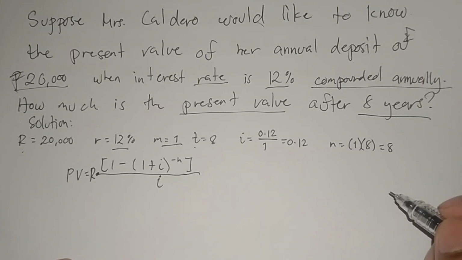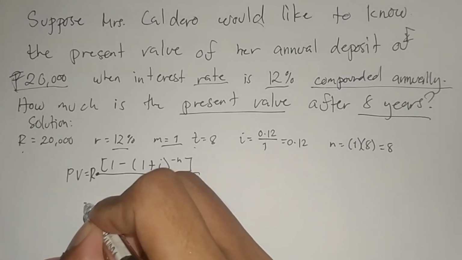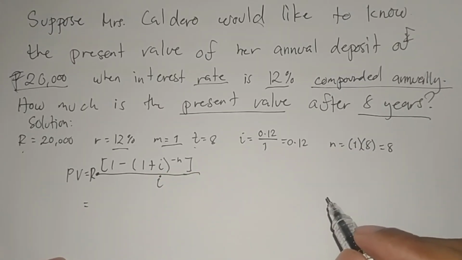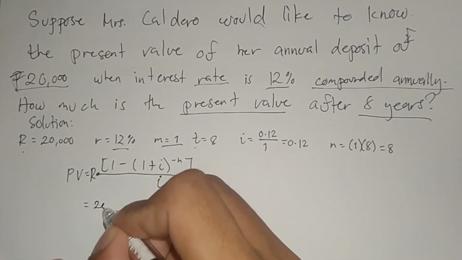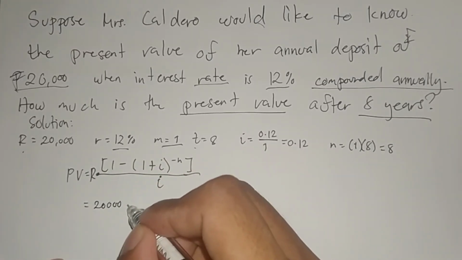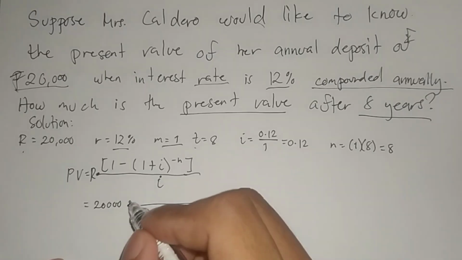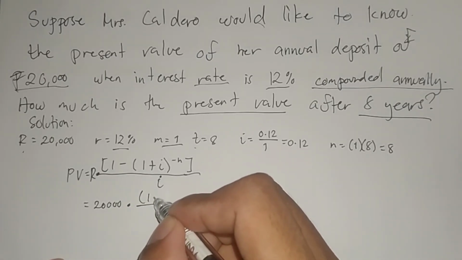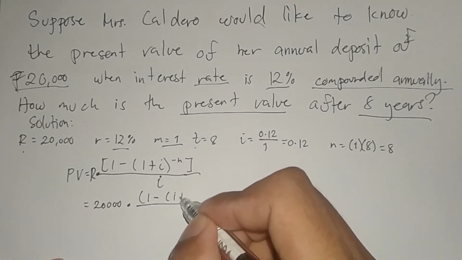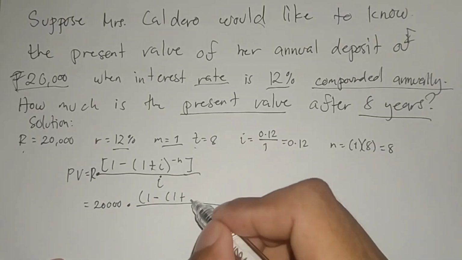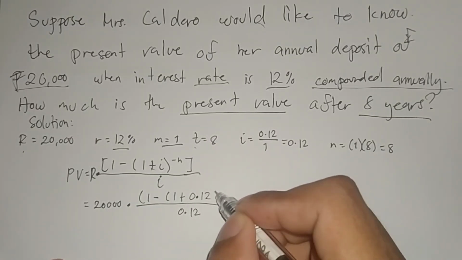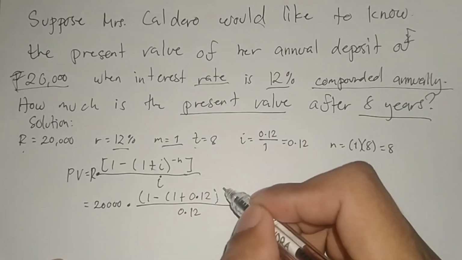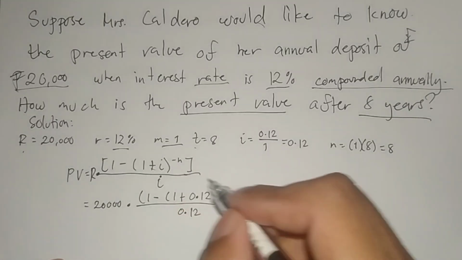Okay, so next, substitution. So first we need 20,000, then 1 minus 1 plus the I, which is 0.12. The exponent is negative, so negative. Our n is 8.